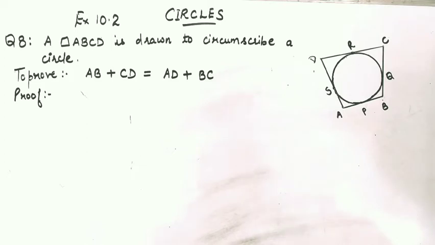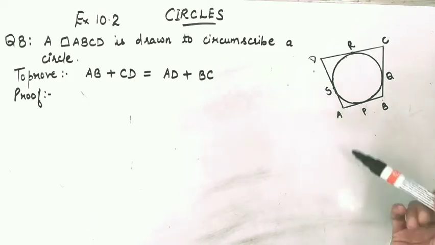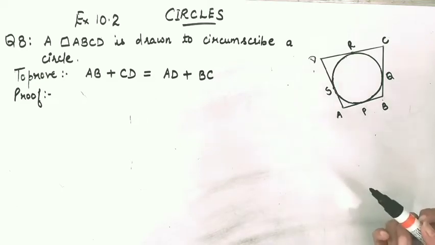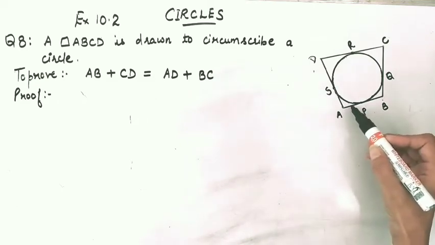In this question, the concept which we know, our theorem 10.2, says whenever there is an external point, if tangents are drawn from that external point to a circle, they are of equal length. So observe this.